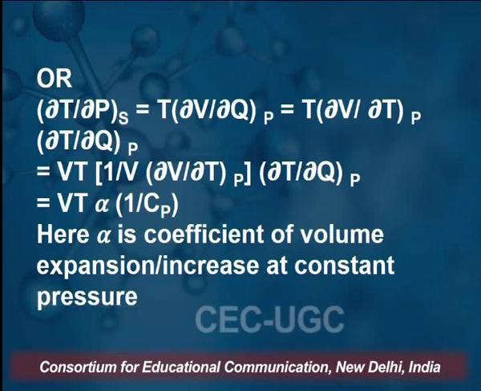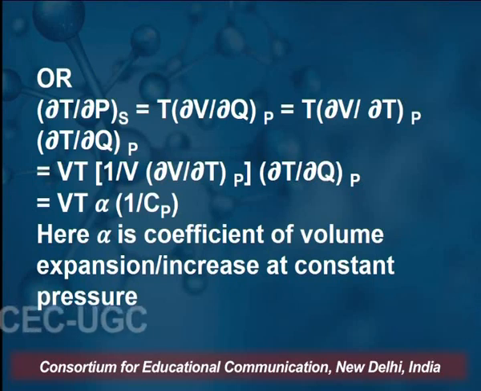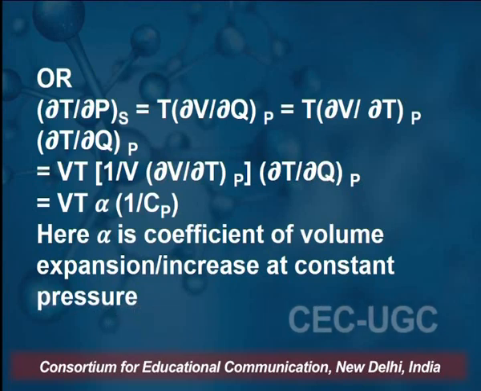So, we get V T α into (1/Cp), where Cp is ∂Q/∂T at constant pressure.